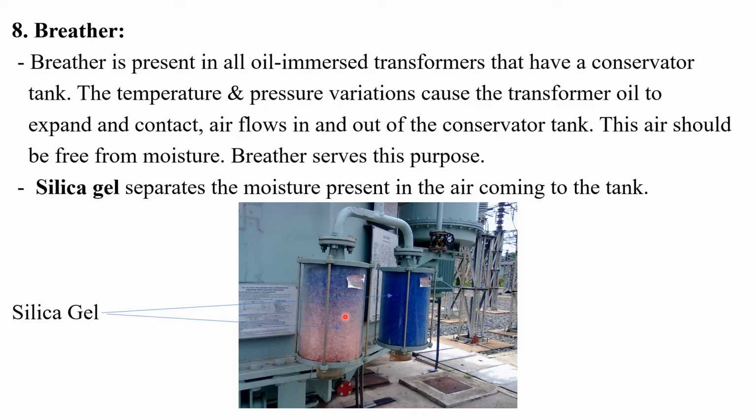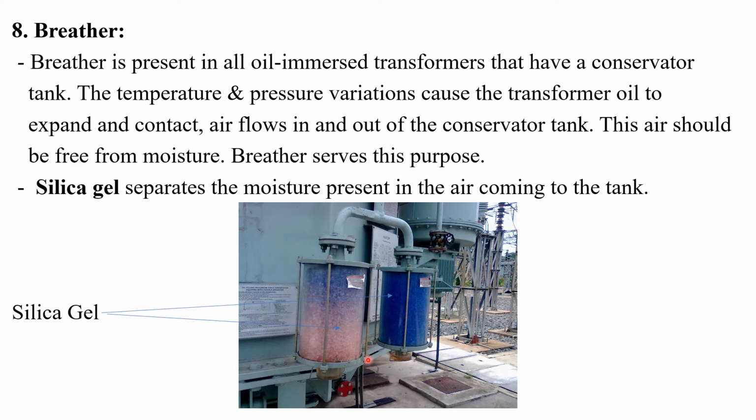So the presence of this moisture will be very dangerous to the transformer oil. That may lead to a heavier short circuit fault in the transformer main tank. So it is necessary to avoid or separate the moisture in the air going into the transformer, so a material, that is silica gel, is provided in this breather portion.